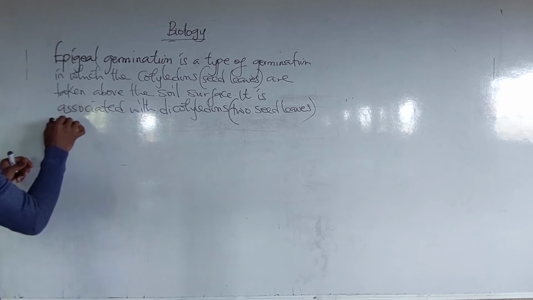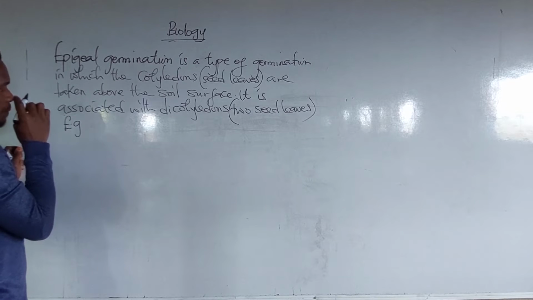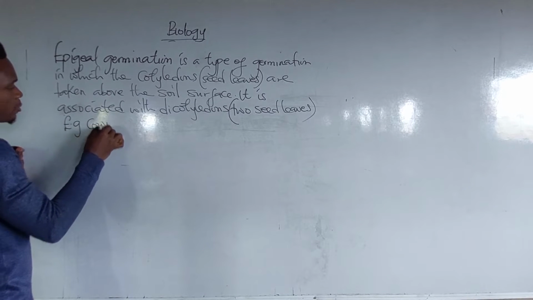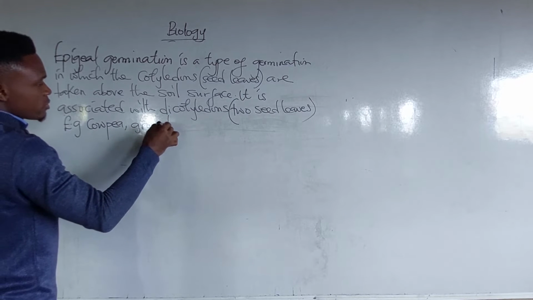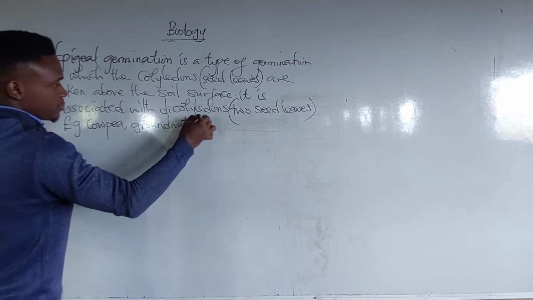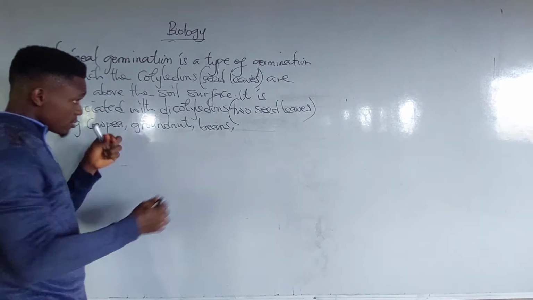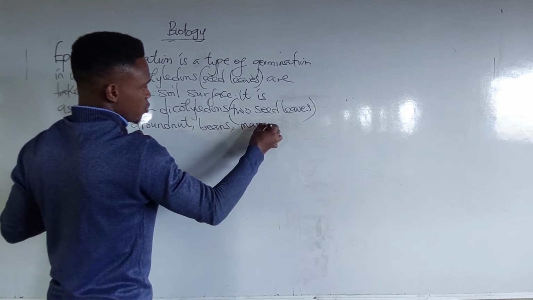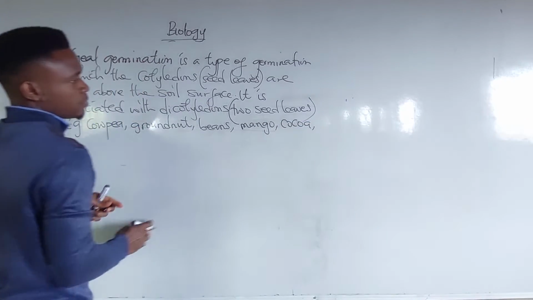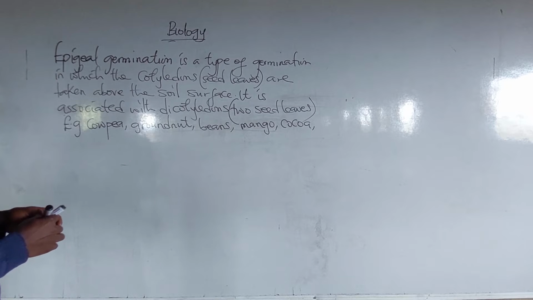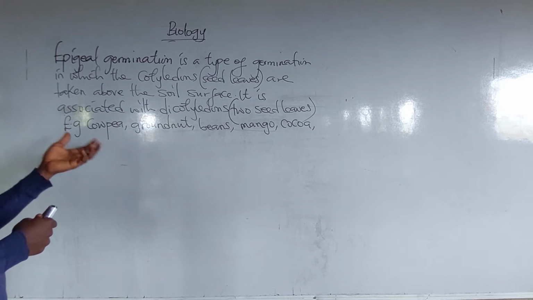Examples are cowpea, groundnuts, beans, mango, and cocoa. You can have as many as you want, but just take note.